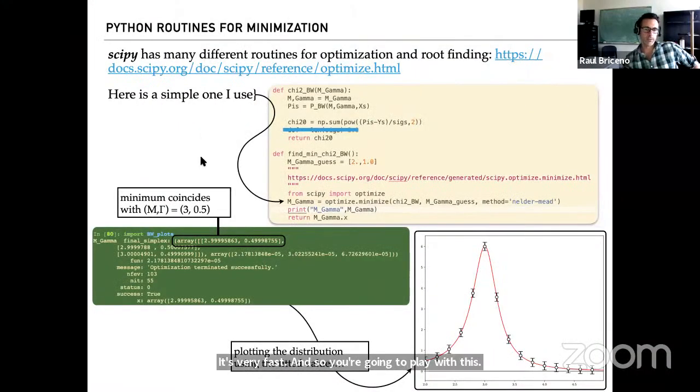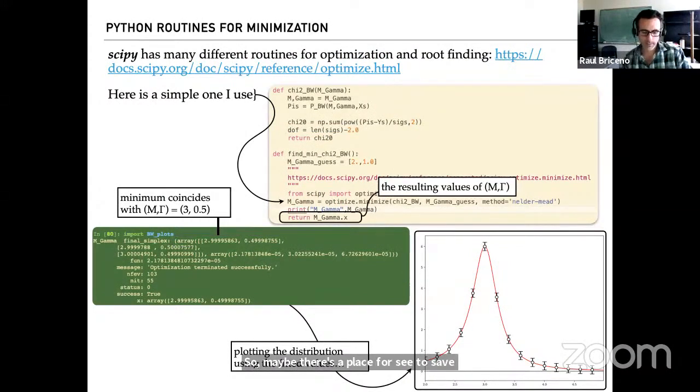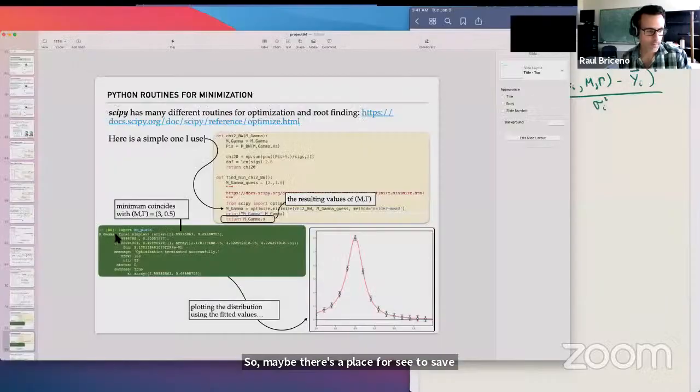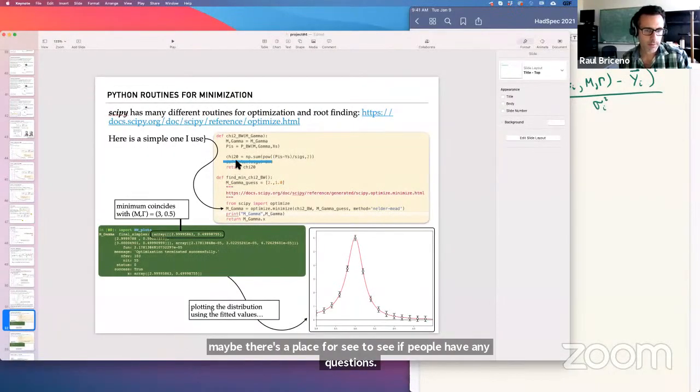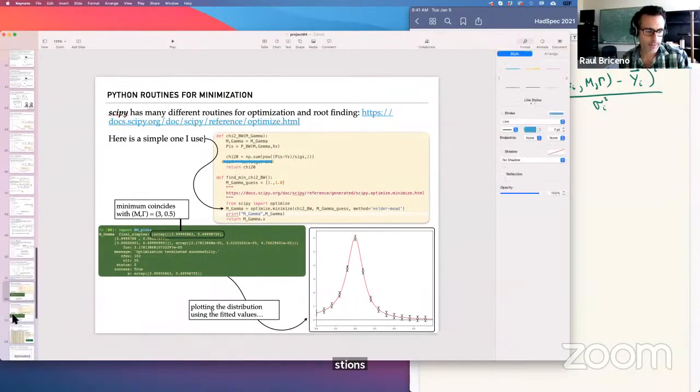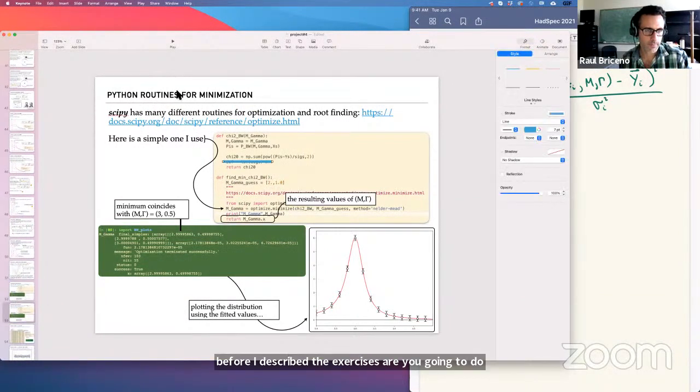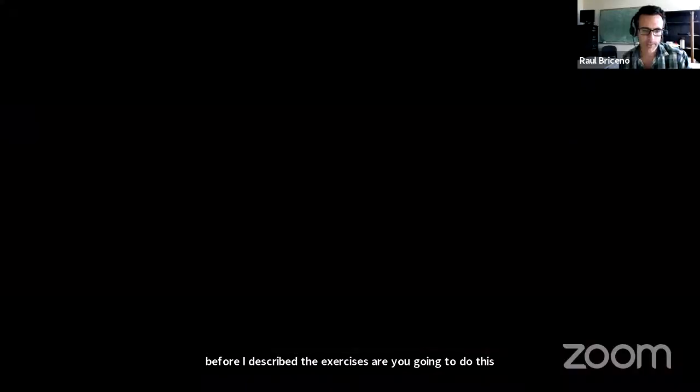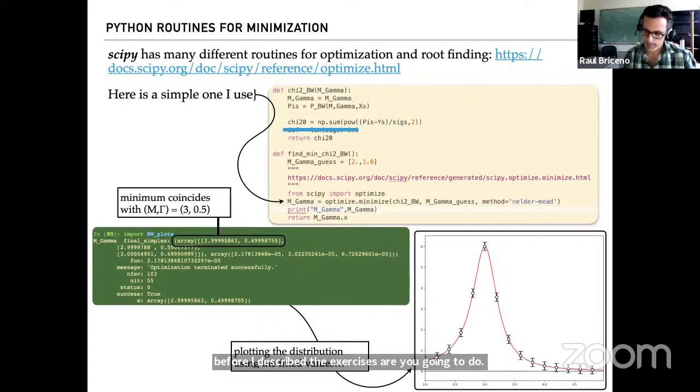So maybe this is a place to see if people have any questions, before I describe the exercises that you're going to do. But this is the idea. You're just going to play with this built-in function for minimization. You're going to write your own chi-square fitter using existing routines.